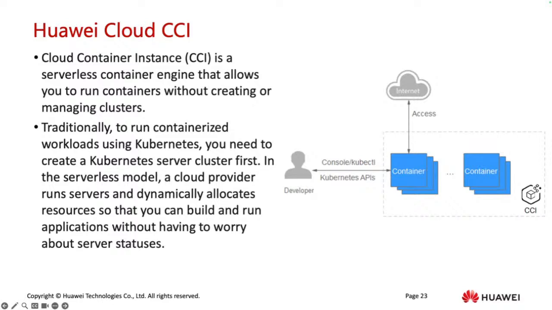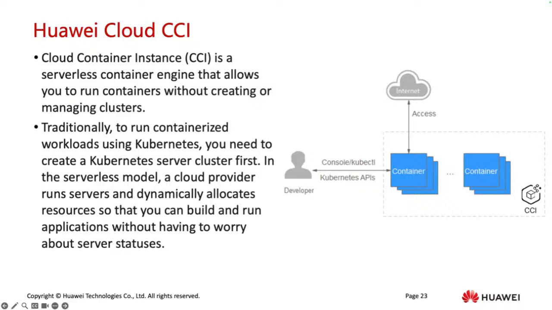And in this serverless model, a cloud provider runs servers dynamically, allocates resources so that you can build and run applications without having to worry about server statuses. So this model helps you improve development efficiency and reduce IT costs.